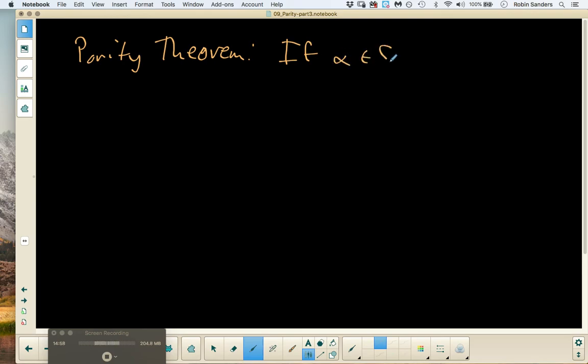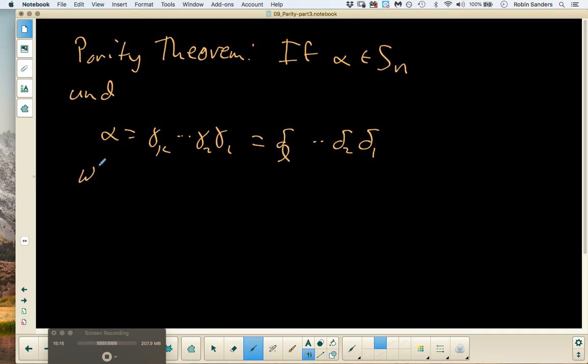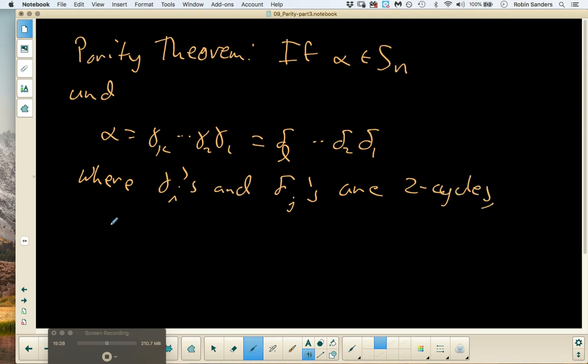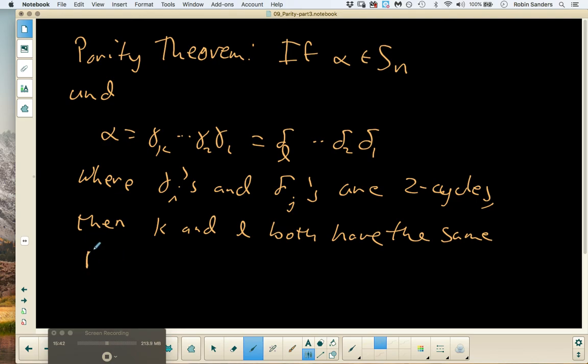If alpha belongs to Sn and alpha is equal to gamma 1, gamma 2, all the way up to gamma k, and it's also equal to delta 1, delta 2, all the way up to delta L, where all of the gammas and all of the deltas are 2 cycles, then k and L both have the same parity as alpha does.